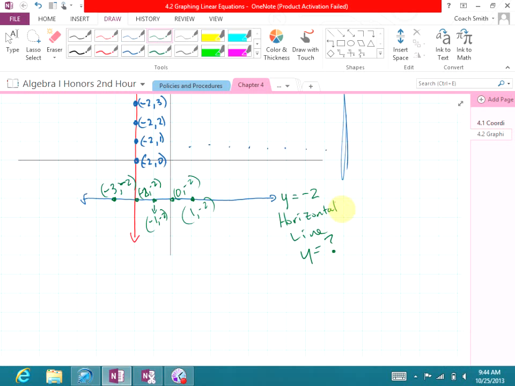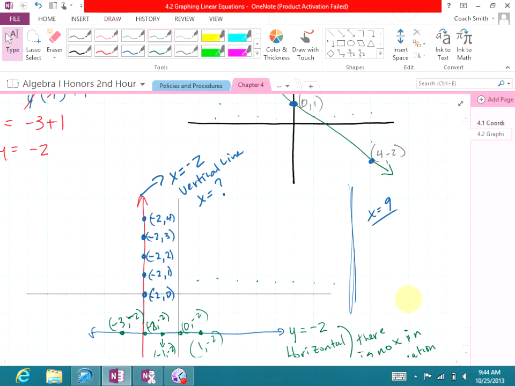Okay, so in a horizontal line, there is no X value, there is no X in the equation. Okay, for a vertical line, there is no Y in the equation.